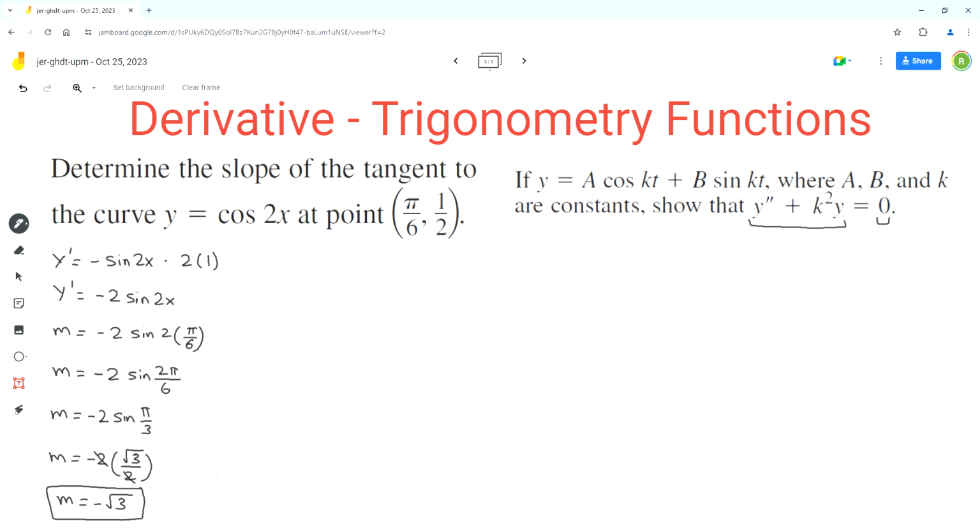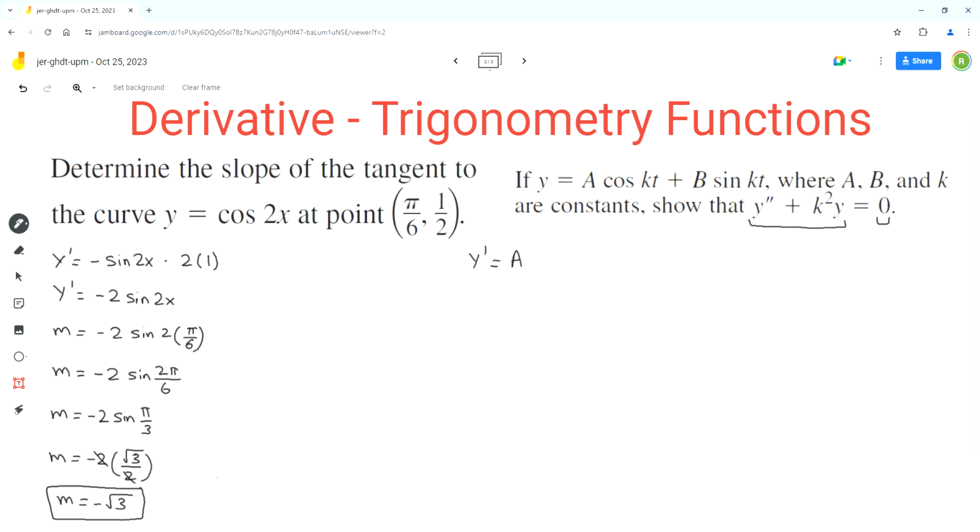So let's start with the first derivative of this given y equation. y prime equals, so in the first term a is the coefficient of the term, so it will stay as it is. Now for cos kt, we'll have to use the chain rule because there is an outer function cos and the inner function is the polynomial function kt.